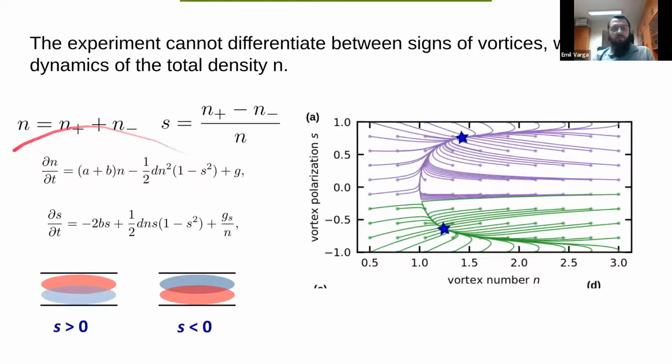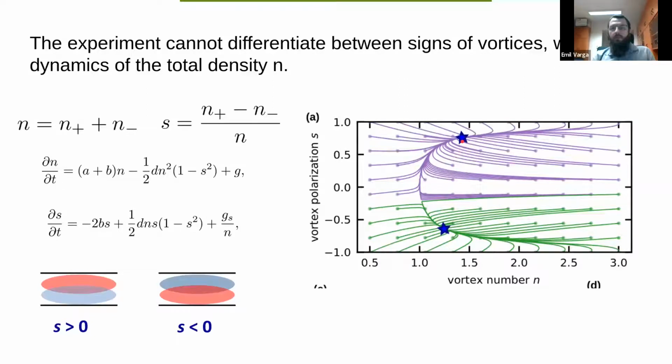Now, this set of two dynamical equations, which are nonlinear and coupled, turns out to have two distinct solutions in vortex number. On this graph, I show on the y-axis the vortex polarization parameter, and on the x-axis the total vortex number in the model. All these little points show initial conditions, and these lines are trajectories that evolve towards two possible stable states.